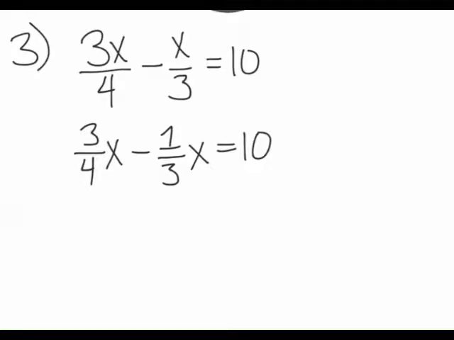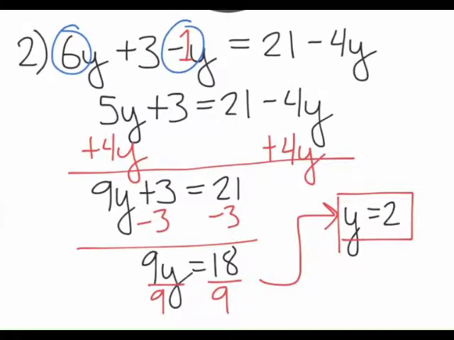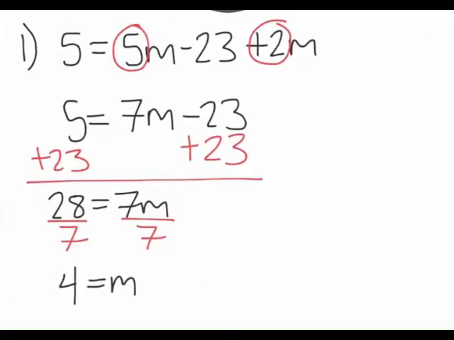Well, in the previous equations that we looked at, we kind of skipped over this step. Let me go back to this equation here. If we were to just look at the 5m and the 2m, so 5m plus 2m, watch this. I'm going to use the reverse distributive property, as I call it, to take out the m.